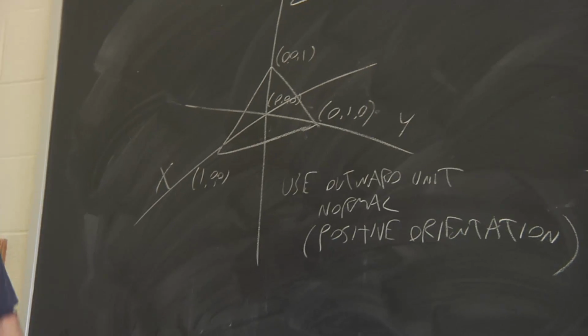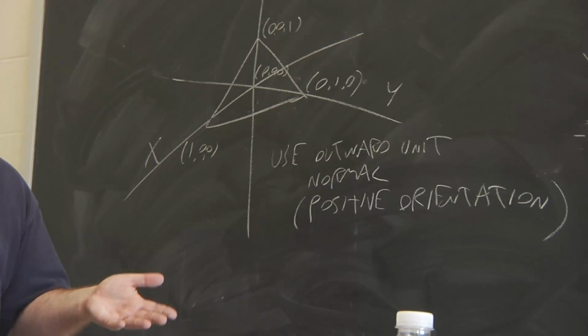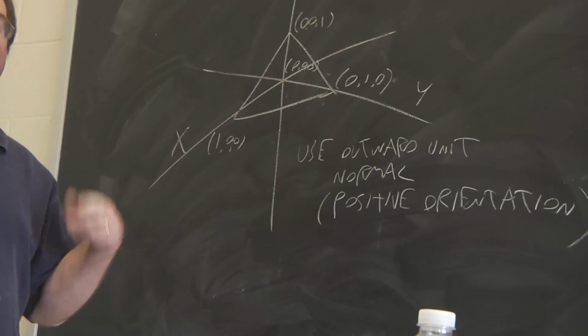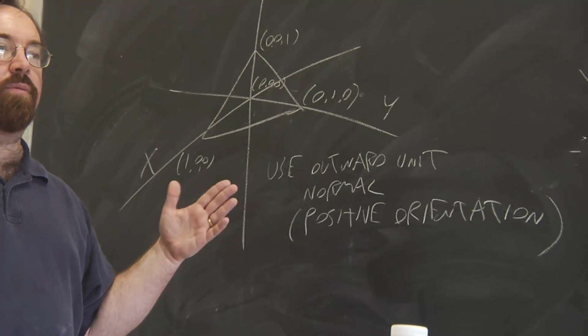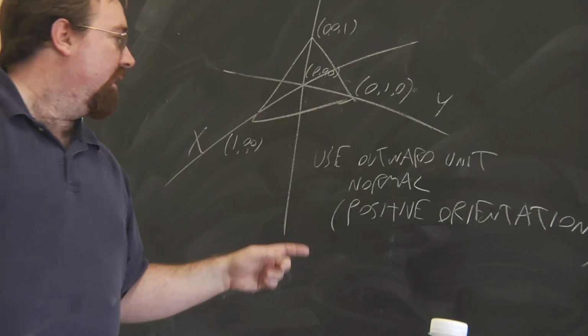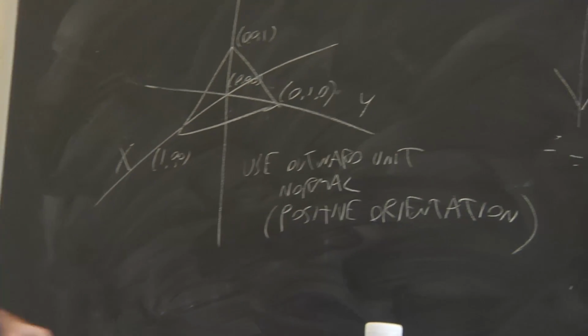It's just like with curves: for the normal vector to a closed curve, positive orientation is when the normal is pointing out. We have the same thing going on here.